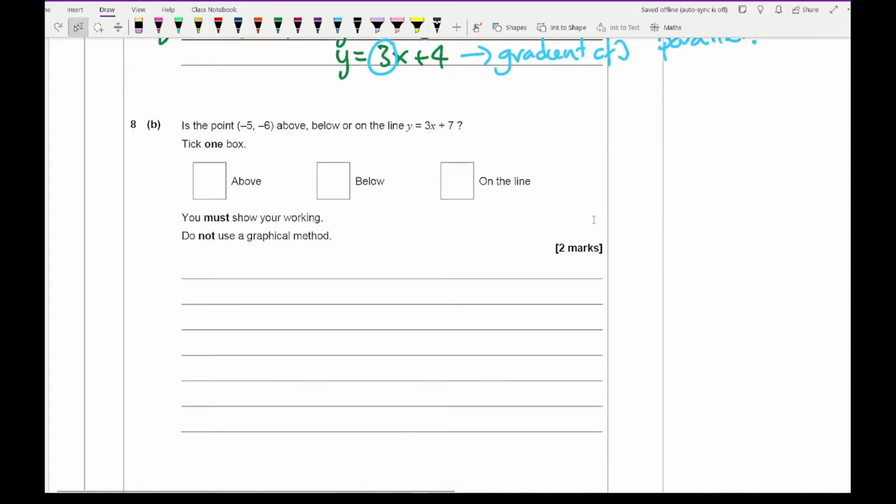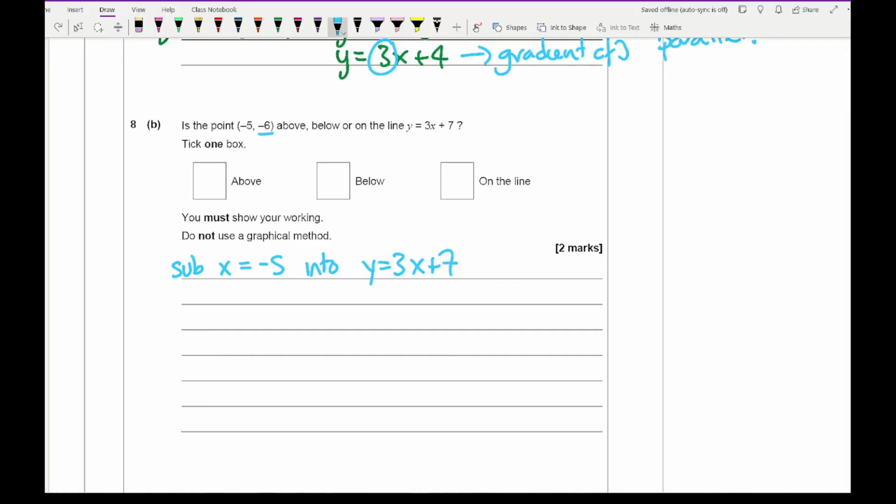Question 8b says, is the point minus 5, minus 6 above or below or on the line of y equals 3x plus 7. So before we answer, what we need to do is basically substitute the x ordinate, x equals minus 5, into y equals 3x plus 7. Now if it's on the line, then it should give me minus 6.